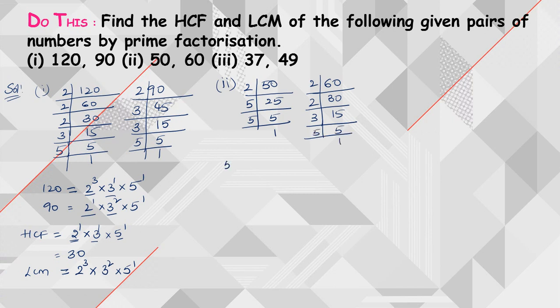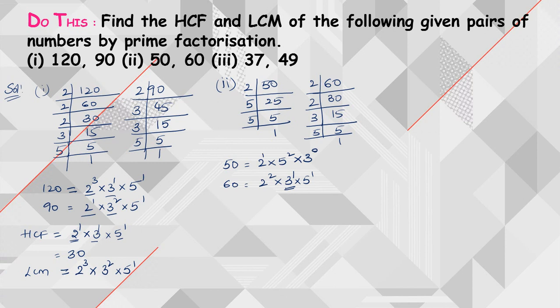Now from this, how can I write 50? I can write it as 2 into 5 square, which is nothing but 2 power 1 into 5 square. Next 60 I can write as 2 square into 3 power 1 into 5 power 1. In 50 you don't have the factor 3, so for that I am going to consider 3 power 0.